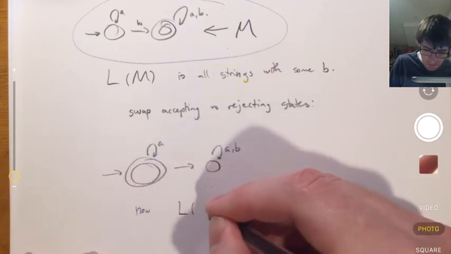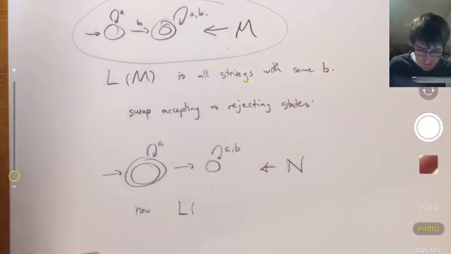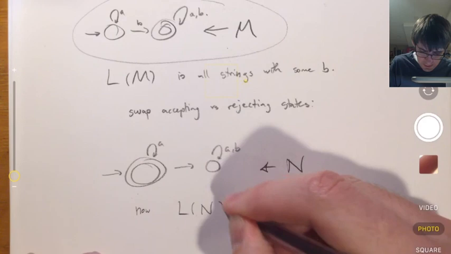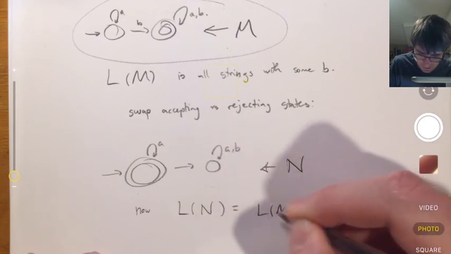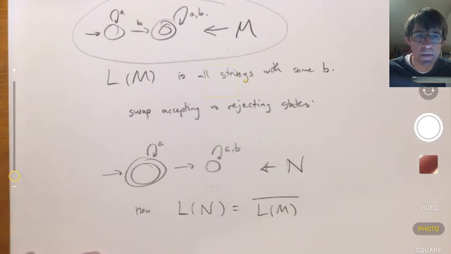If I call this one N, just because N comes after M, then L of N is the complement of L of M. This one will accept the opposite of the things which were accepted in the first one, by swapping the accepting versus the rejecting states.